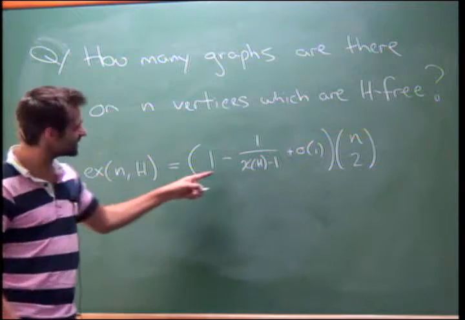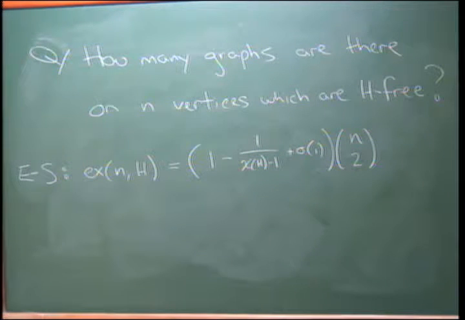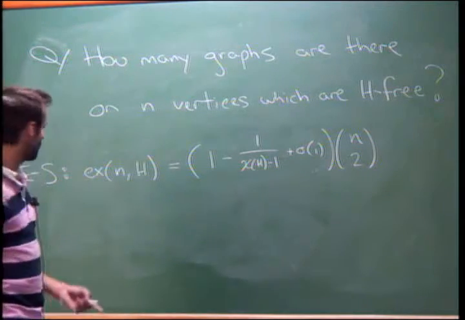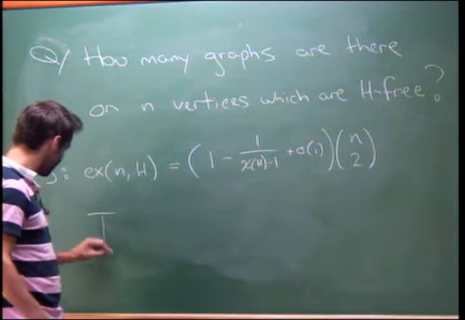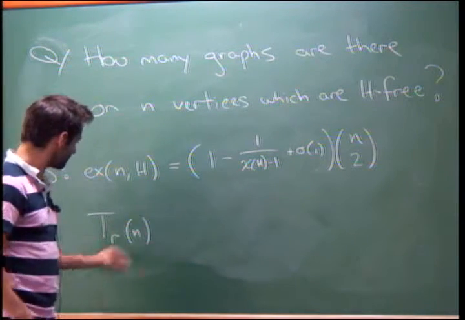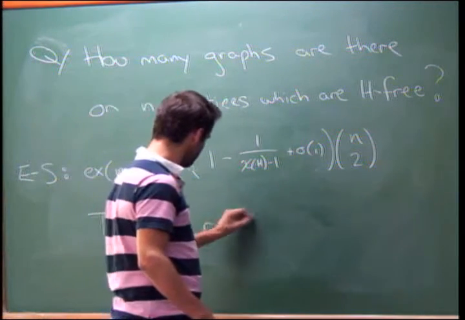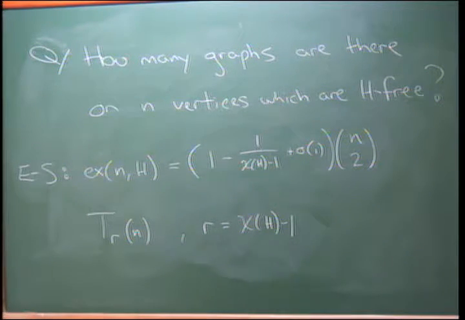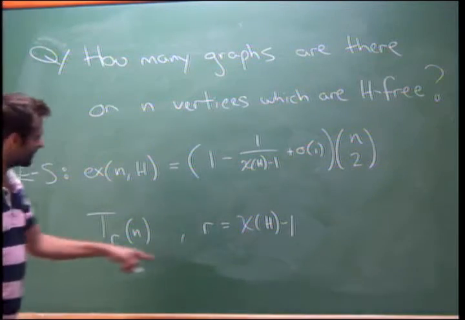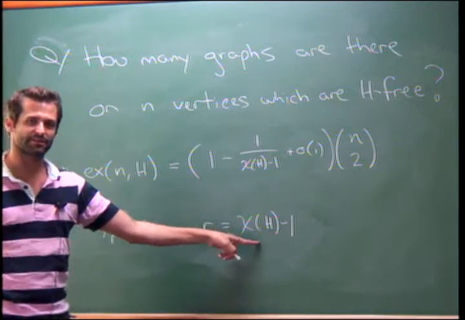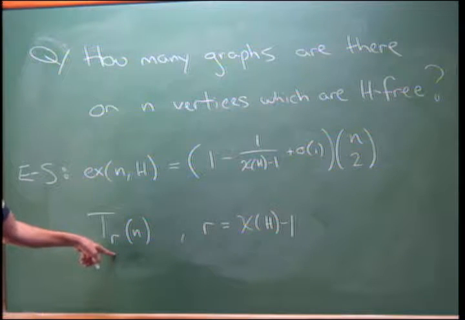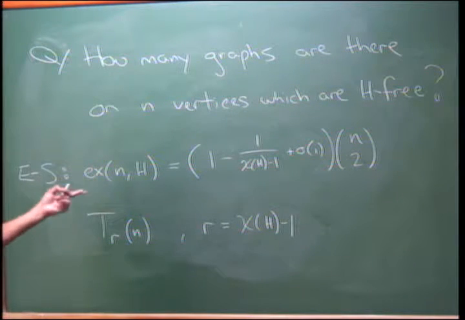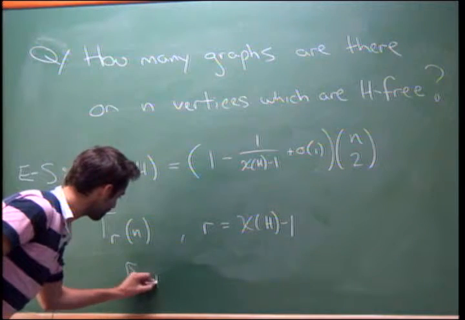So we know that there exists a graph which has no copy of H and has about this many edges. And what is it? Well, it's the Turán graph T_R(n), where R equals chi of H minus 1. If R is 1 less than the chromatic number of H, you take an R-partite graph, then it's H-free.